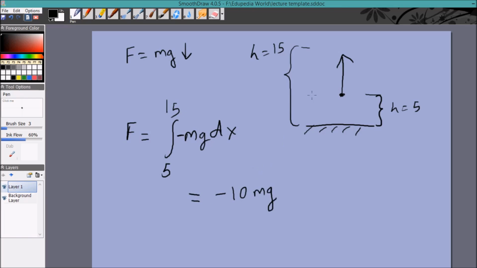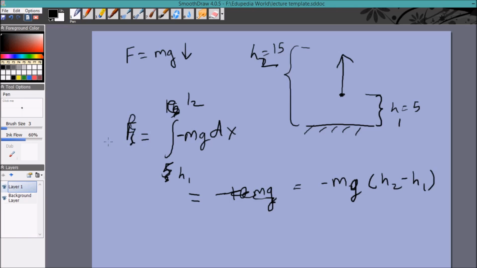Actually it would be better if we take it as h1 and h2 for now. So instead of 10 mg and instead of 5 and 15, let's take it as h1 and h2. In that case, this would be minus mg times h2 minus h1. So this is the work done.